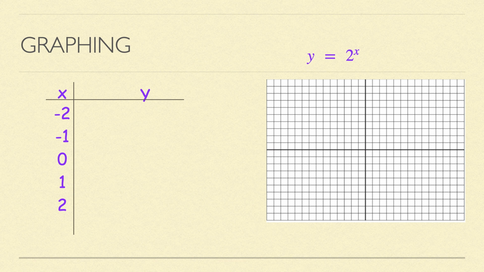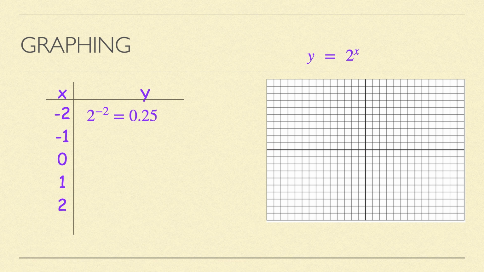So we're going to start out with x being -2. Remember, x is your exponent, and so we're going to start out with 2 to the -2 power. Now, if you remember back in chapter 1 or section 1, we talked about negative exponents, and that meant that I was going to put 2 in the denominator raised to the second power, which means it's 1/4.